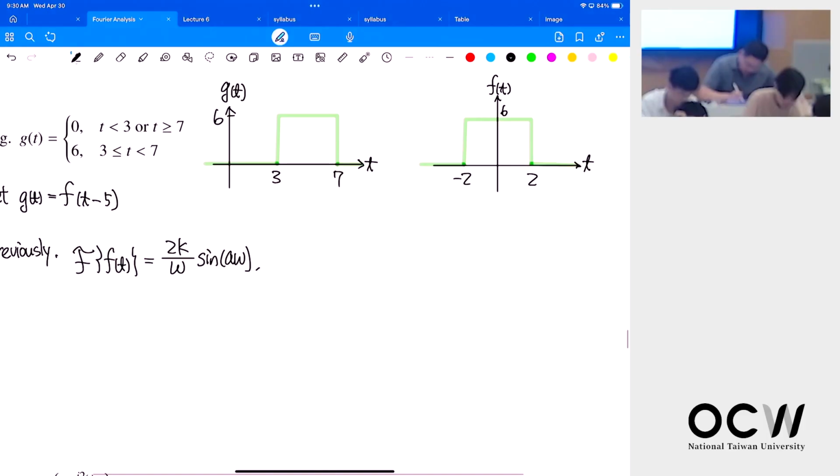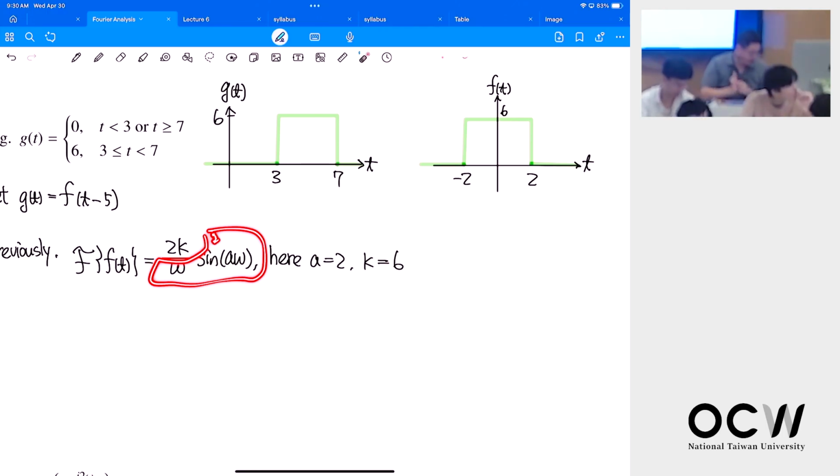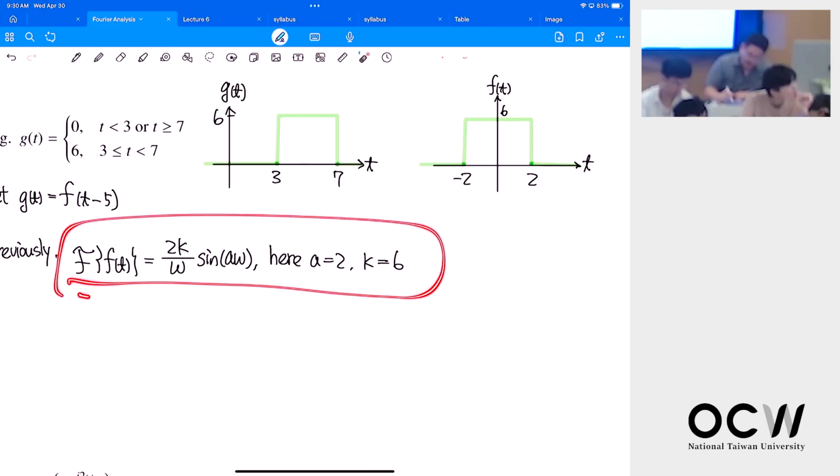Now here we have a equals 2, and k is the magnitude, k equals 6. This is a sinc function, sine omega divided by omega. So now this is my Fourier transform for the pulse function.